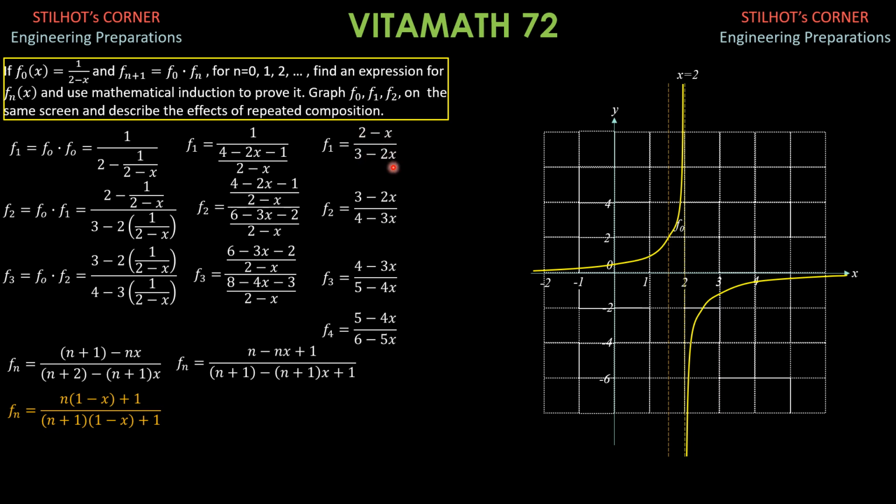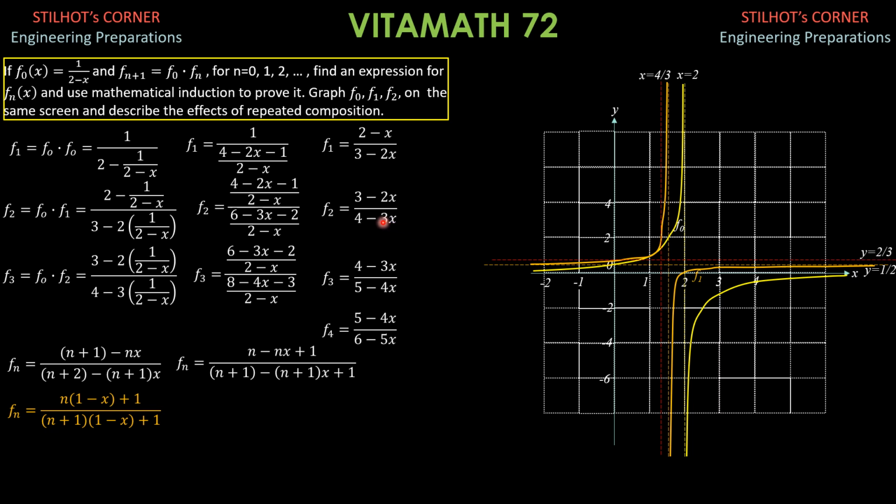You just substitute x very large, positive or negative, so this is approaching 2/3. So that's the horizontal asymptote, y equals 2/3. So this is F1, and the horizontal asymptote is y equals 2/3.